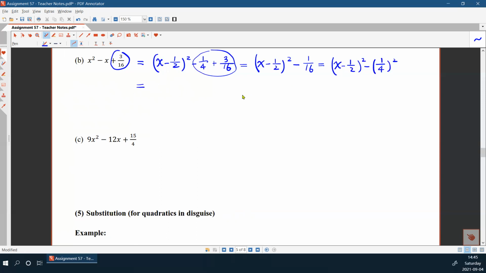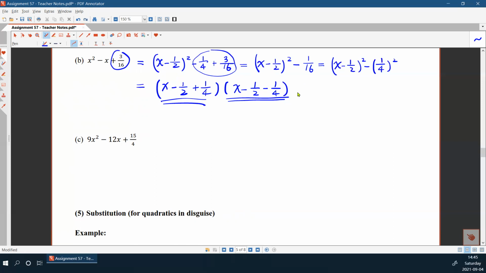And now again, we can use a formula. We have a difference between two squares. This is x minus 1/2 plus 1/4 times x minus 1/2 minus 1/4. Remember, this is not finished yet, right? We can combine these terms.